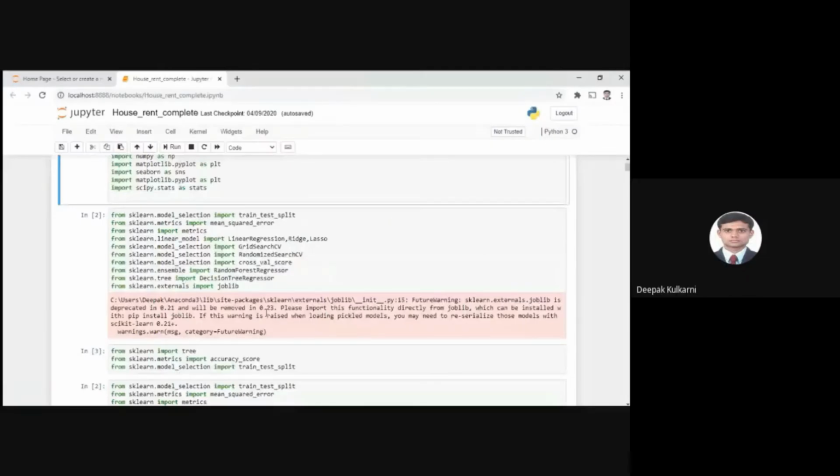Let's begin with the data. This is pd.read_csv, which is used to load the data set into the Jupyter notebook.